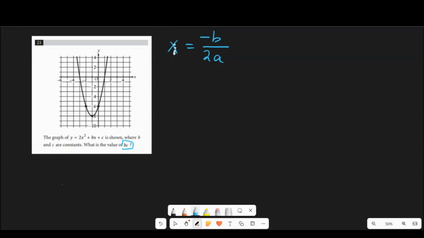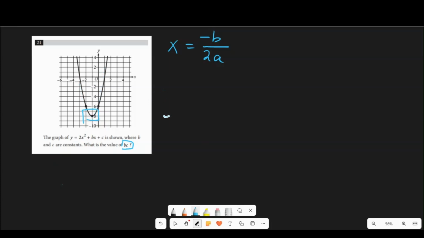Well, when you apply this formula to a quadratic equation, it tells you what the x coordinate will be at the vertex. The vertex is this point right here, or in other words, the point in which the parabola changes direction. You can see here, it's going down, down, down, and then it goes up.